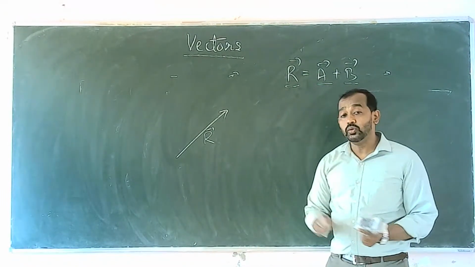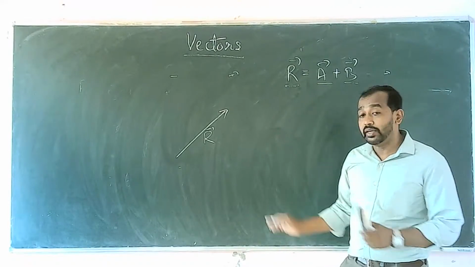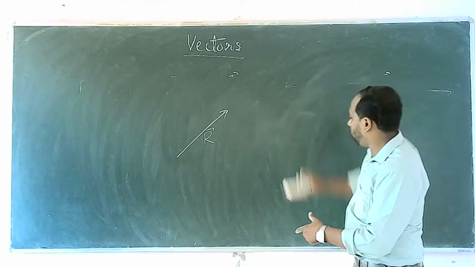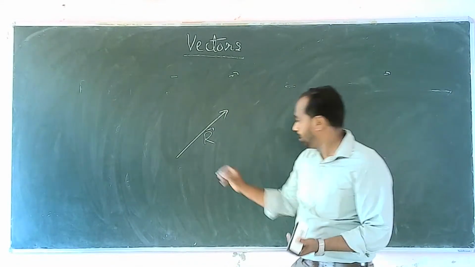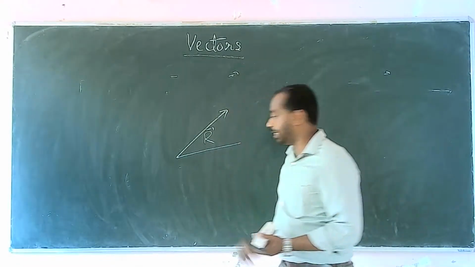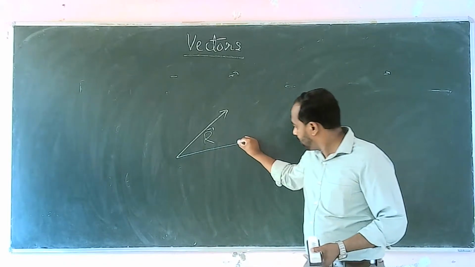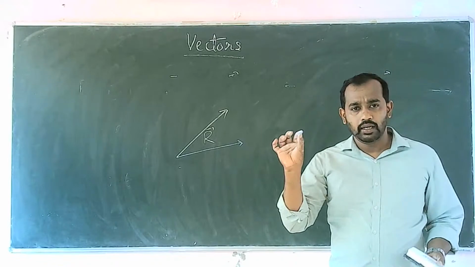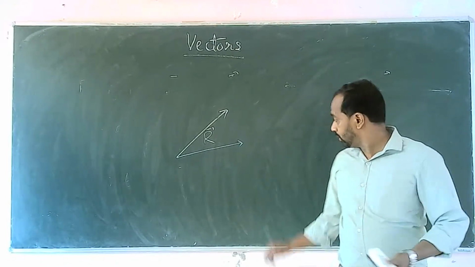If I am going to use the triangle of vector addition, I will draw two more vectors. One is represented like this. One is represented like this. I hope you are able to see the different color. I took the blue color.